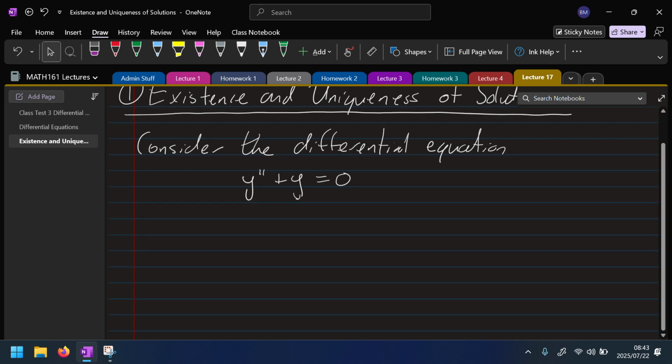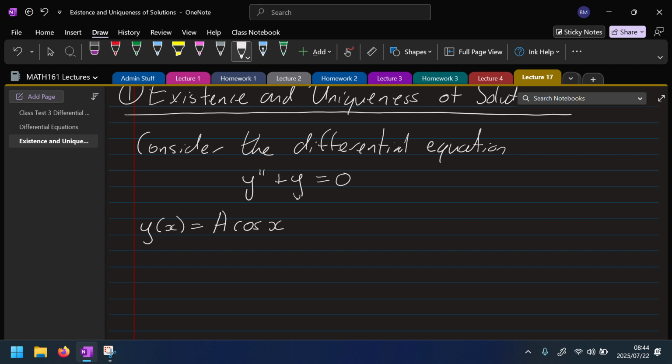And we can try guess some solutions to this, but I'll put them down for you. So y of x is equal to a cos x. That's a solution. So let's check that. If we take the first derivative, what do we end up with? What do we get?